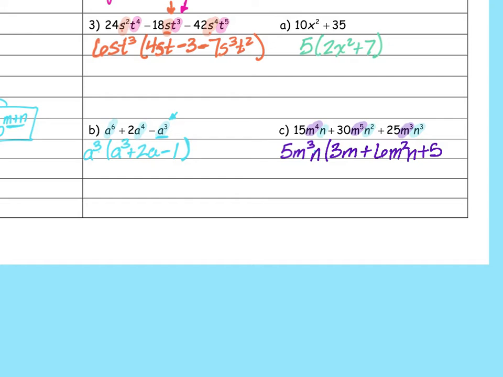M cubed divided by m cubed is 1. And n cubed divided by n is n squared. Okay? Questions? Okay, awesome.